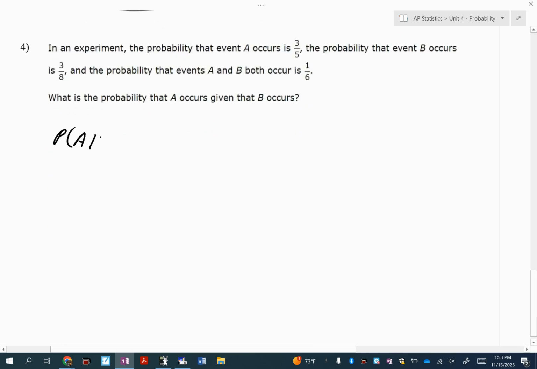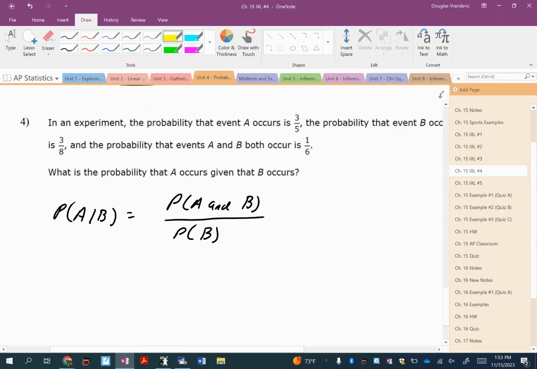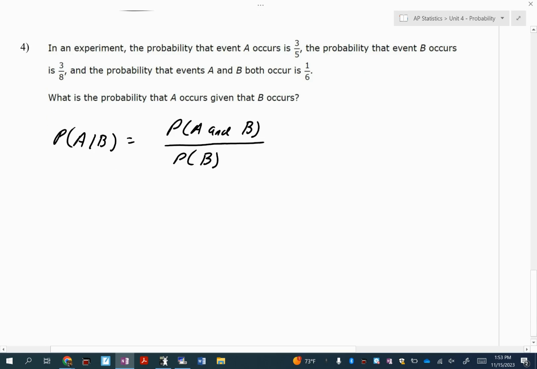Okay. So write down the formula: the probability of A given that B occurs is the probability of A and B occurring divided by the probability that B happens. All right. So which one am I trying to solve for? A occurs given that B occurs, so which one is that? On the left side of the equal sign, I'm trying to solve for that.